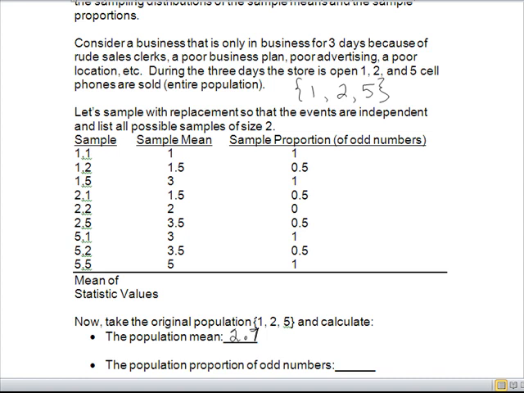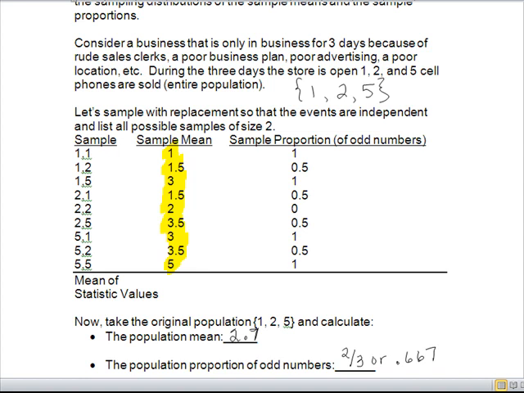Now, let's consider the sample means we have up here. We want to take all of these means that we have in the column, and find the mean of the sample means. It sounds like double talk, and it is. So I'm going to take 1 plus 1.5 plus 3 plus 1.5 plus 2 plus 3.5 plus 3 plus 3.5 plus 5.